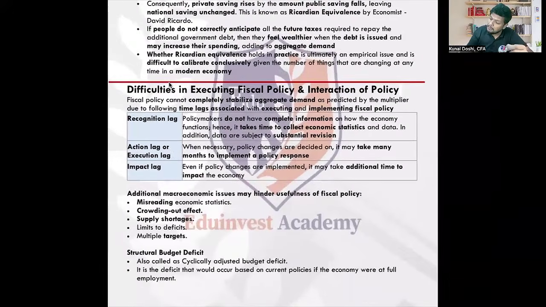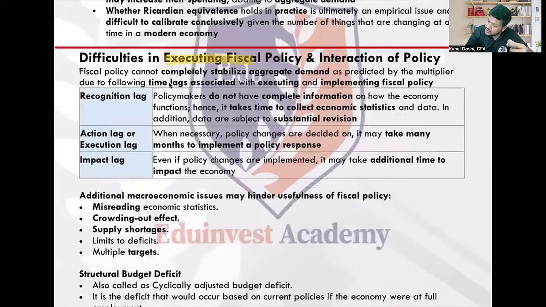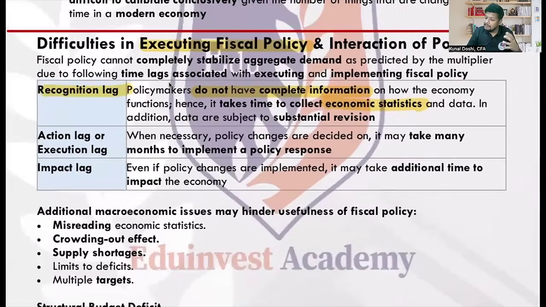In implementation, the problem with executing fiscal policy is the recognition lag. Recognition lag means sometimes the economic indicators or the quantitative models used by economists take time to collect the information or survey. Because the data is collected late, you get to know the health of the economy very late.